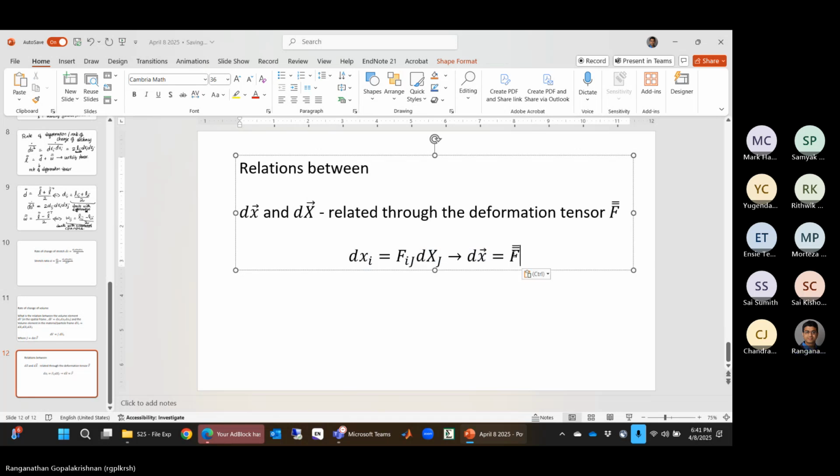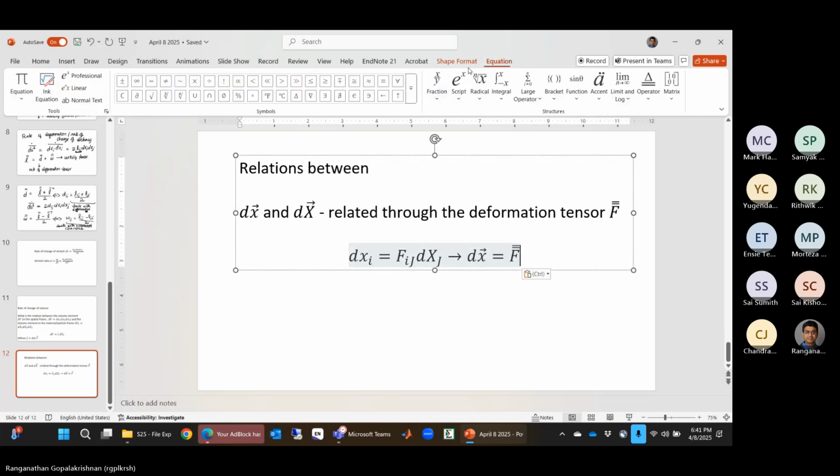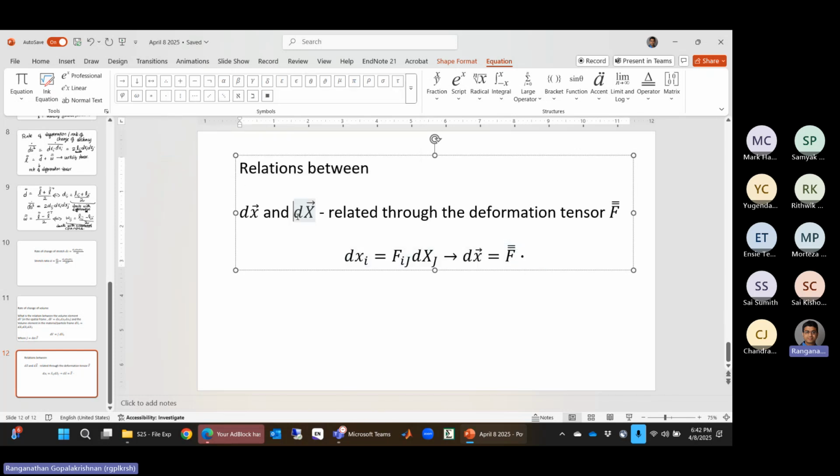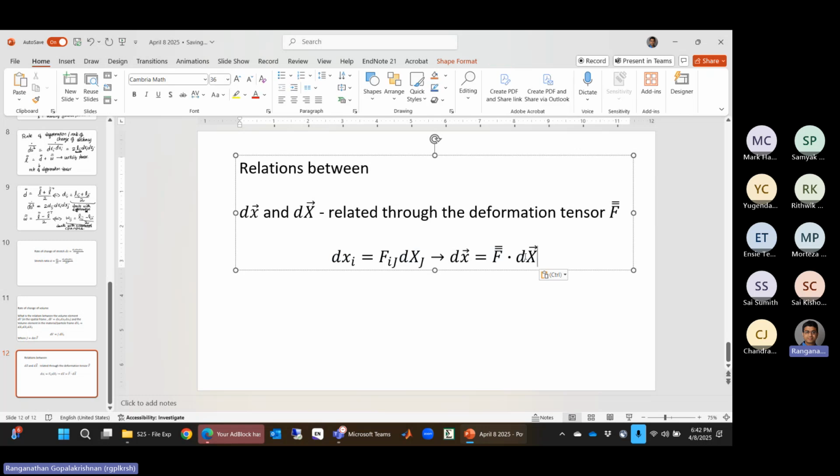F dot. You guys are kidding with me, right? You know the answer, you just won't say it because it's a Teams class. Right? dx equals F dot d material X.